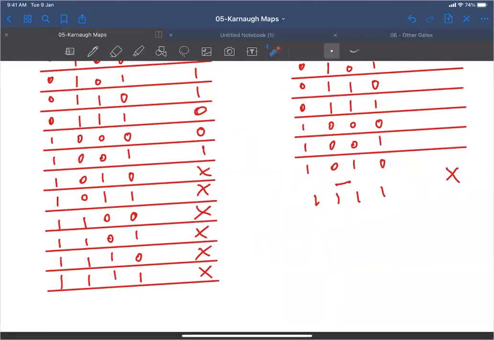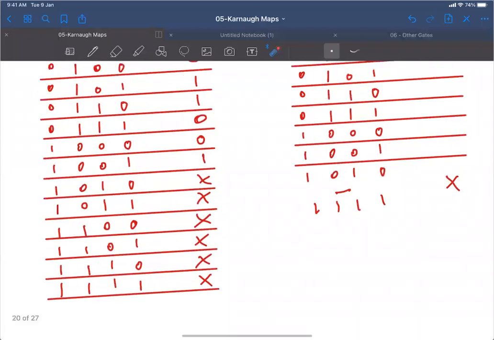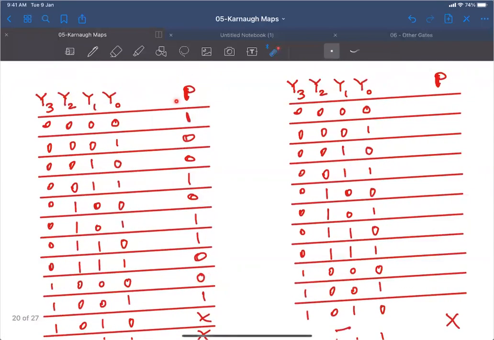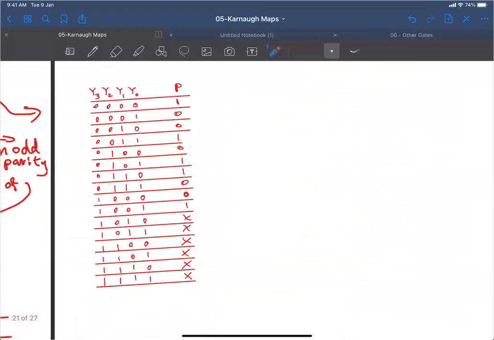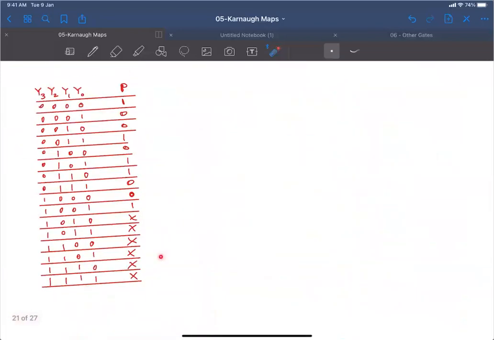I'm going to give you a hint: what is this unit about? A K-map. Yes, we need to do a K-map for this output in order to find the simplest form of this output in terms of the inputs. So let's do it here. I just copied the truth table here so that we can generate the K-map. So here is my K-map.